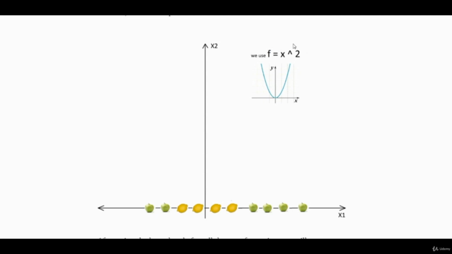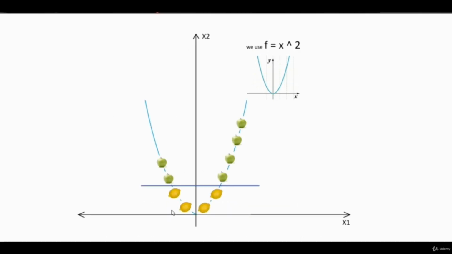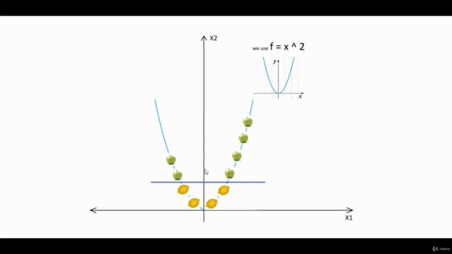We all know that the x square function creates a curved line from 0 on both the right hand side and the left hand side. Just think of it as applying this function over this axis, and then projecting the data points over the axis, you can see that the green apples will be on the curve and yellow lemons will also be on the curve, and you can create a hyperplane which will split these data points from each other and will make a classification model.